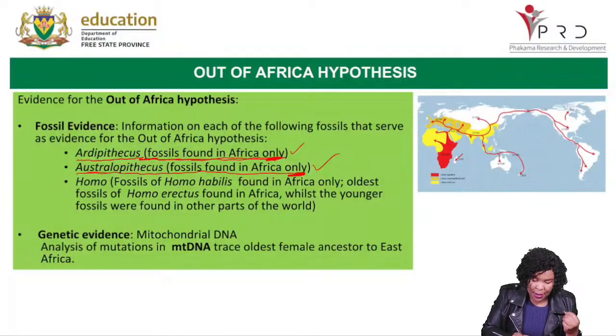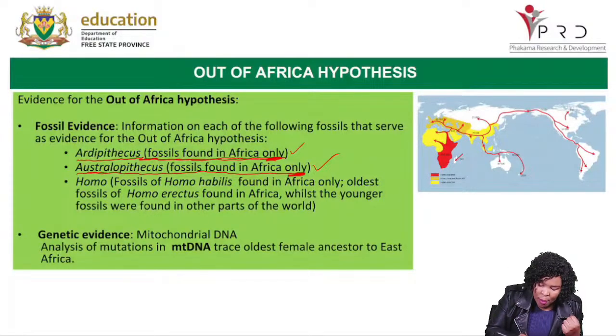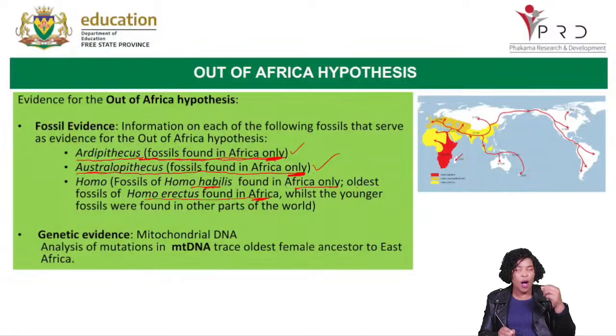And then number 3, Homo habilis are found in Africa only. And then the oldest fossil of Homo erectus are found in Africa. So Homo habilis, remember, were the first Homo species, the ones that fall under the genus Homo. So the Homo habilis are the first ones.